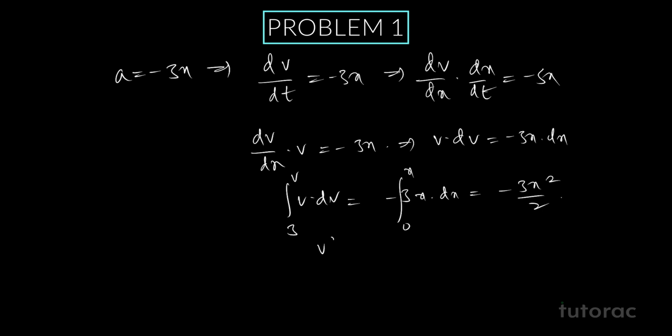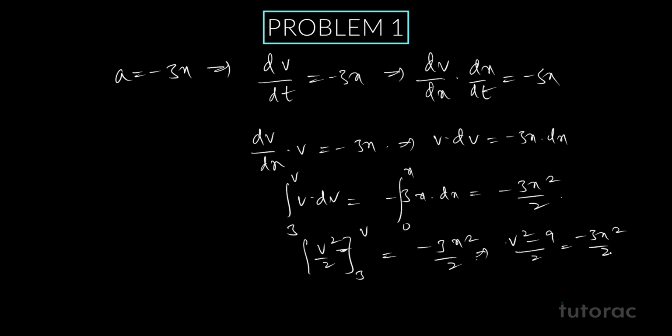Here I would get v squared by 2 with limits 3 to v, which should be equal to minus 3x squared by 2. That means v squared minus 9 by 2 is equal to minus 3x squared by 2. The 2 and 2 go away, so I'll get v squared is equal to 9 minus 3x squared. So I got velocity as a function of displacement.